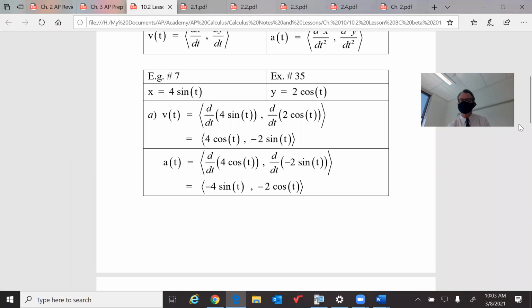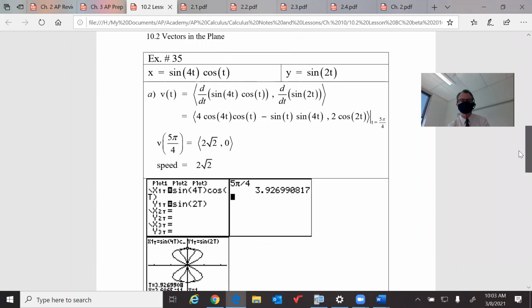All right, so it's problem 35. The velocity. Ready? You got the product rule here, and the chain rule.